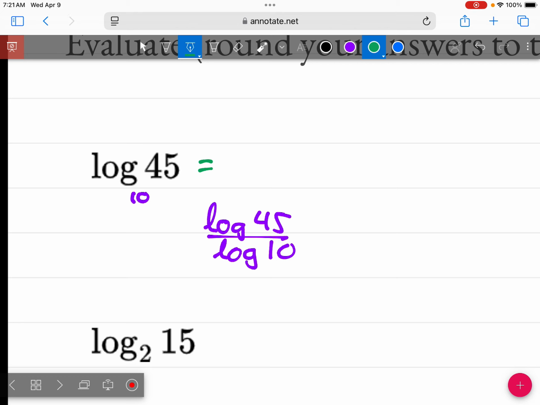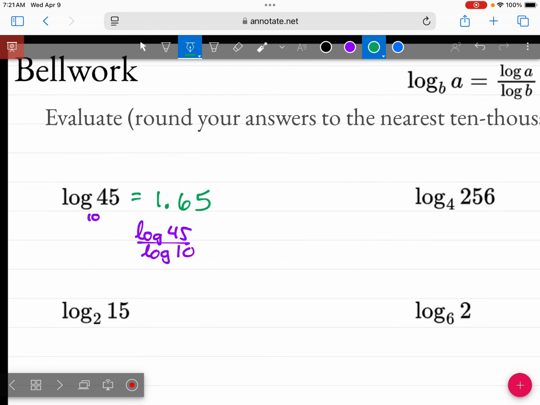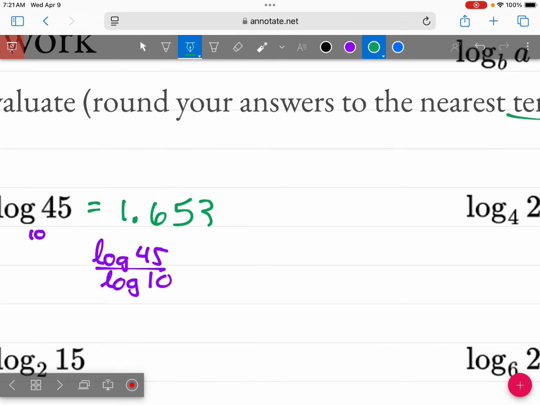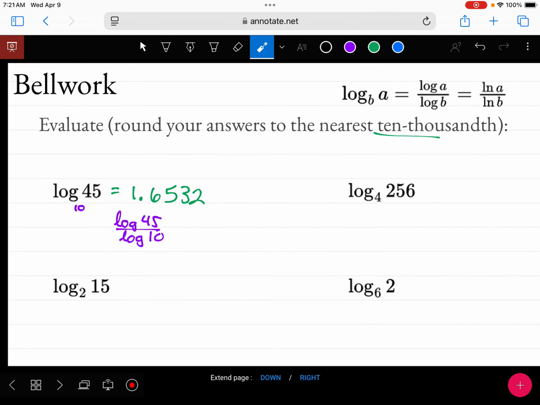So log of 45 has what value? 1.6532. We said 10,000ths, so we're going to go 4 decimal places, because that's tenths, hundredths, thousandths, 10,000ths. So 10,000ths is 4.